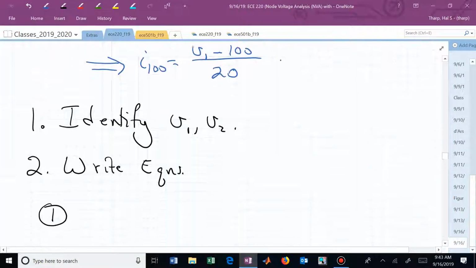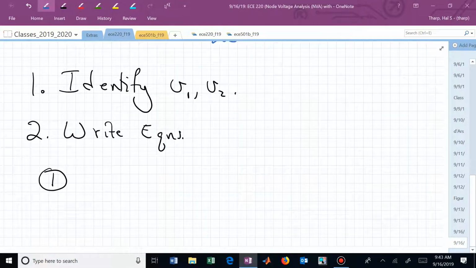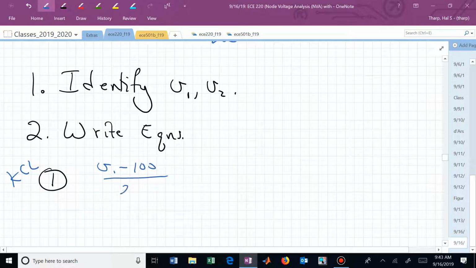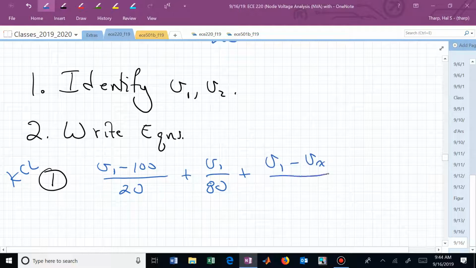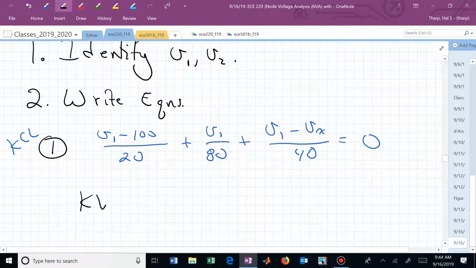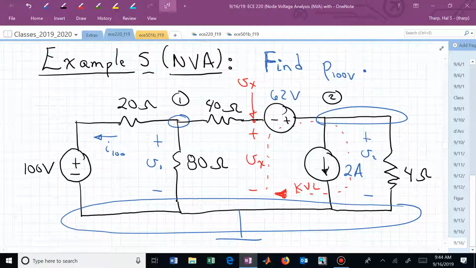What did I just try to write down? I said KCL at node 1 is now V1 minus 100 over 20 plus V1 over 80 plus V1 minus V sub x over 40, and that's equal to 0. And using a KVL equation to find V sub x in terms of V1 and V2, and given information: minus V sub x minus 62 plus V2 brings me back to ground.